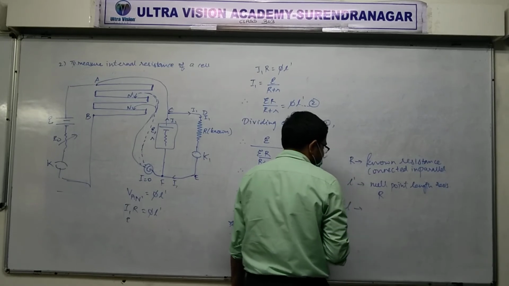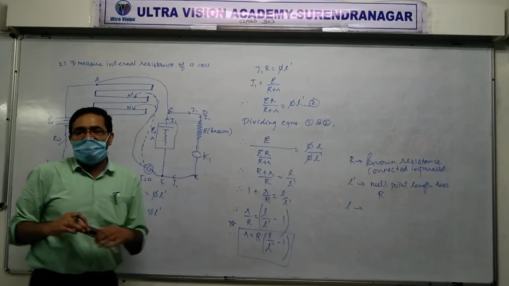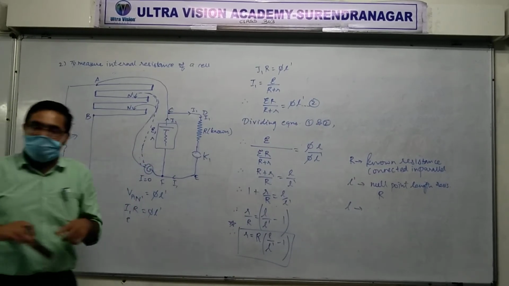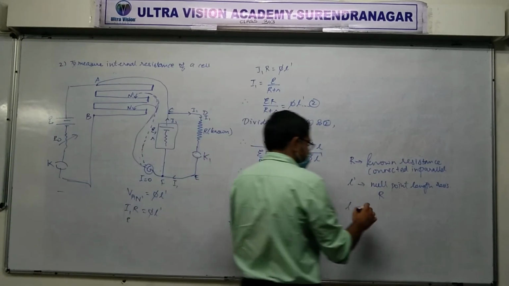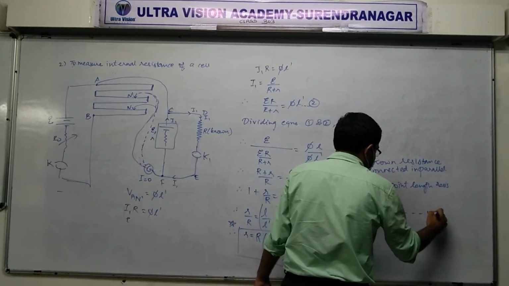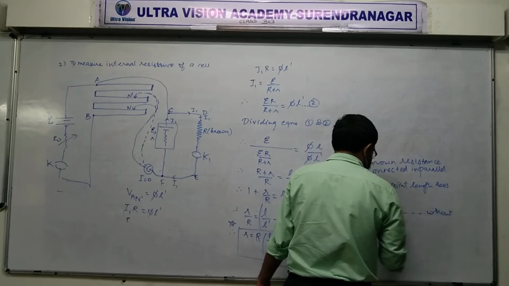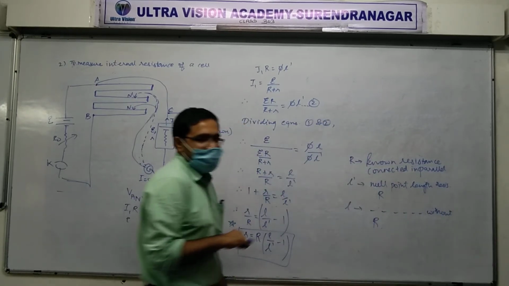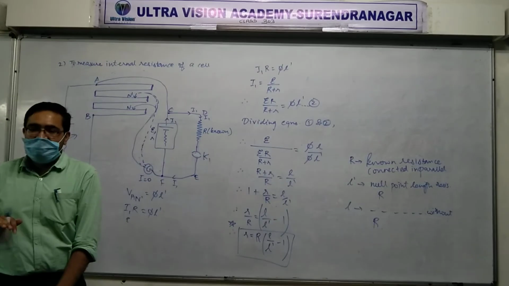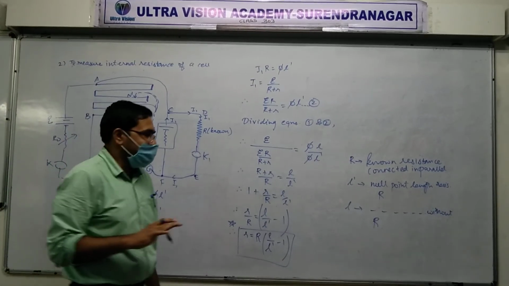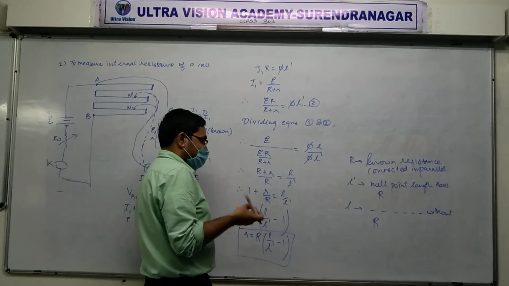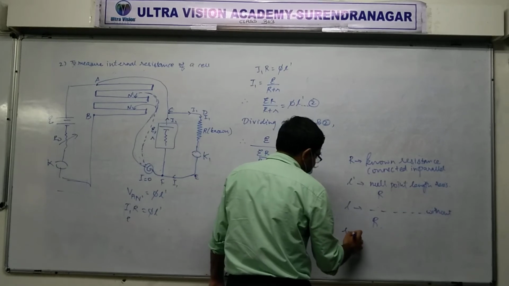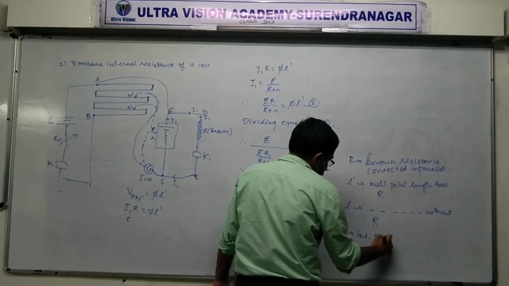What is L? The null point length without capital R. Then small r is what we have to measure; small r is the internal resistance we are trying to measure.